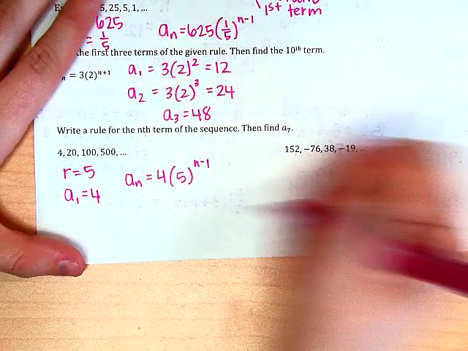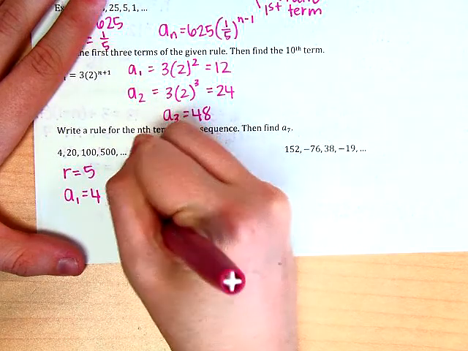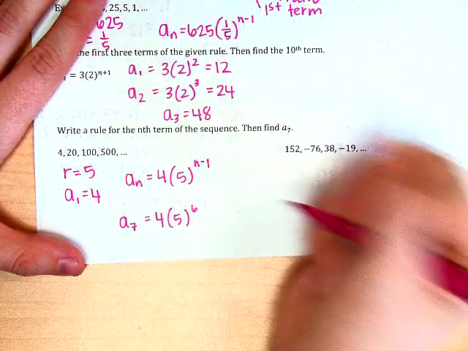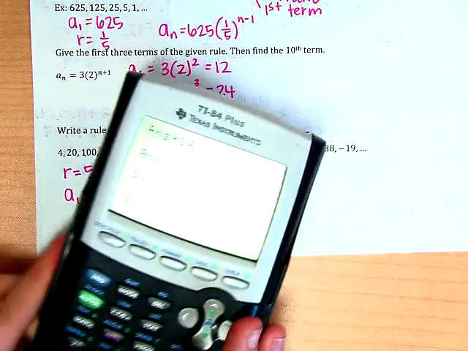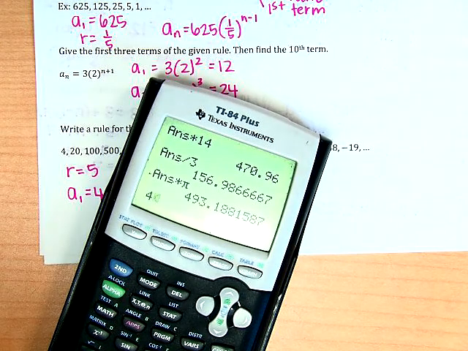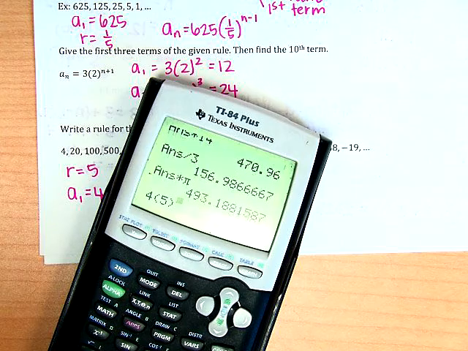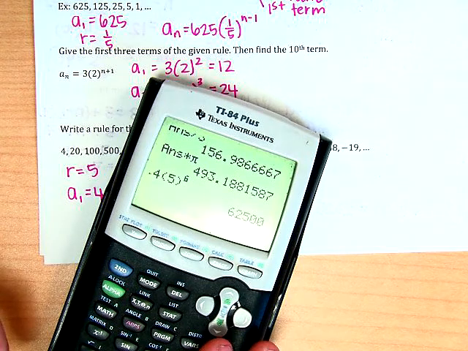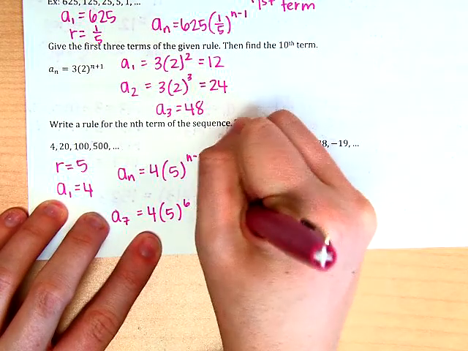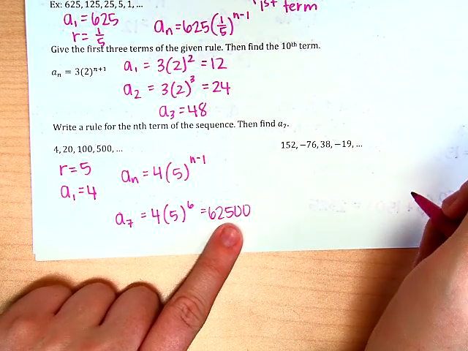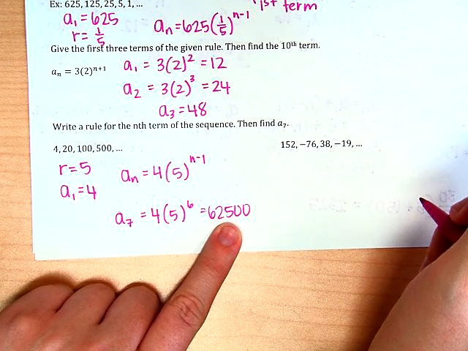If I want to find my 7th term, I plug in 7. And that you're going to need a calculator for. Let's go here. So we'd plug in 4, parentheses 5 to the power of 6, and I get 62500. That means my 7th term is 62,500.